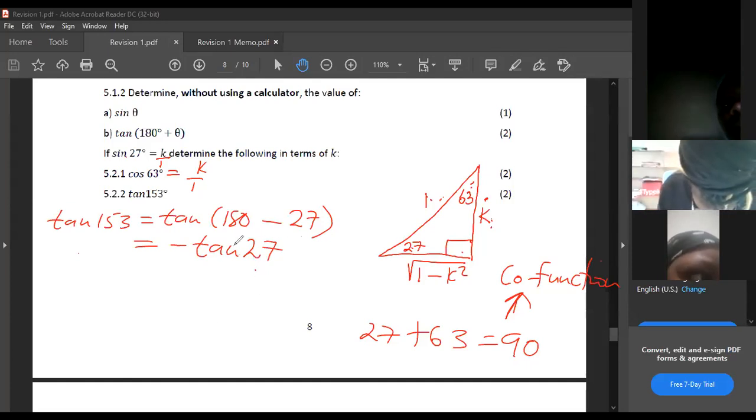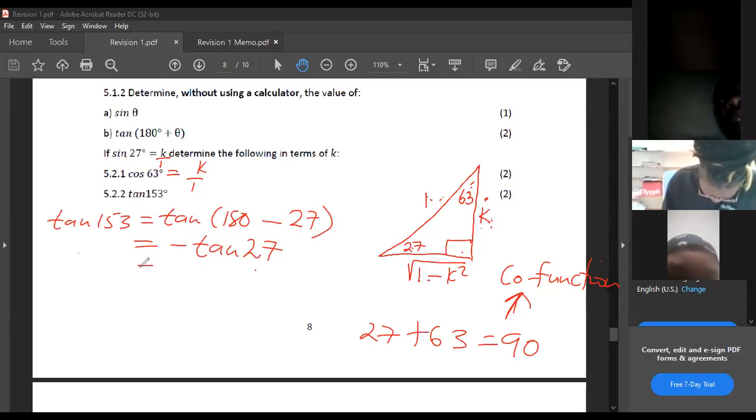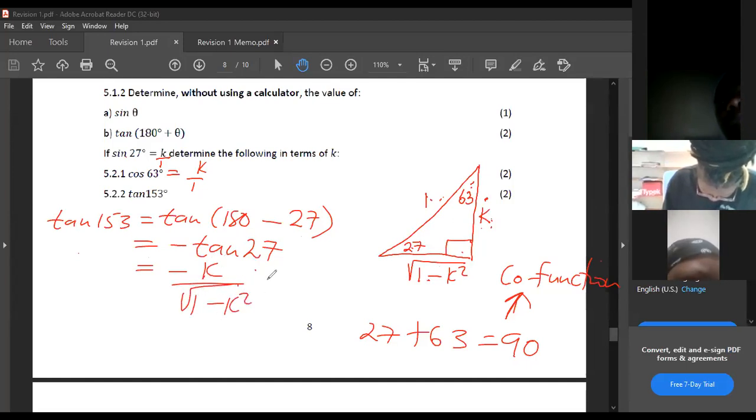But I can pull out tan 27 from the diagram because I drew a diagram for 27 degrees. Tan 27 is opposite over adjacent. Remember, it's y over x, so it's minus k over root of 1 minus k squared.